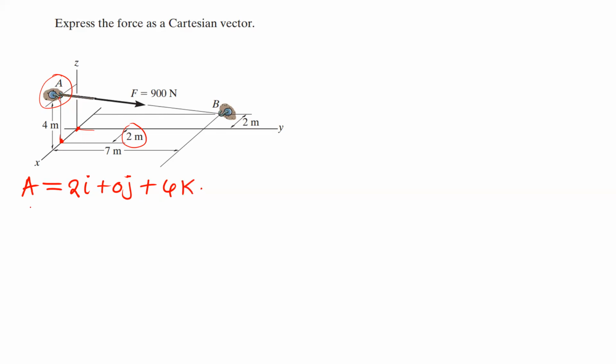And then the Cartesian coordinates for B. We're moving towards the negative 2 units.